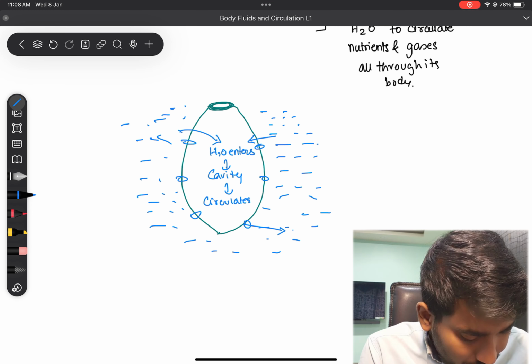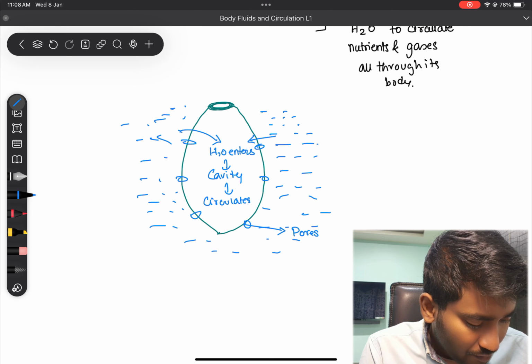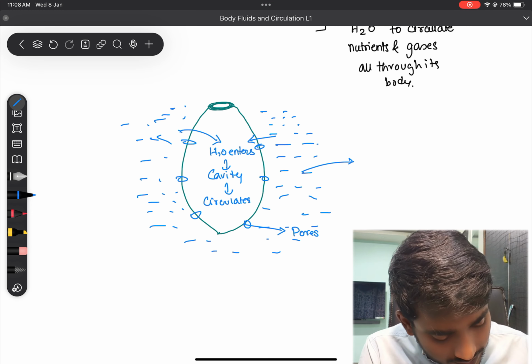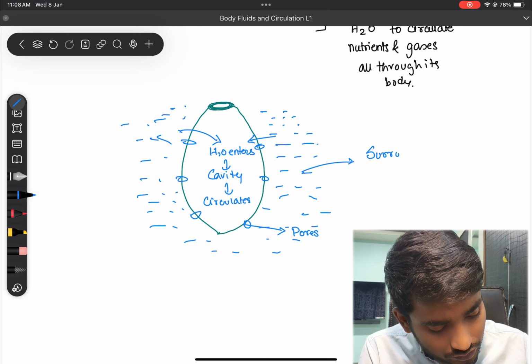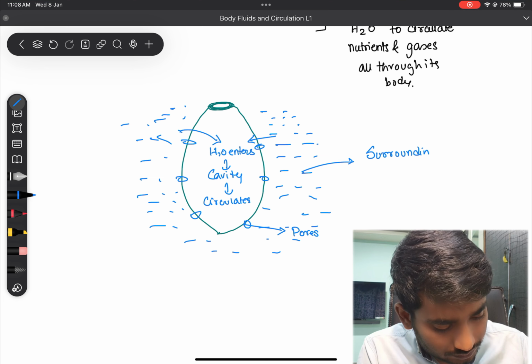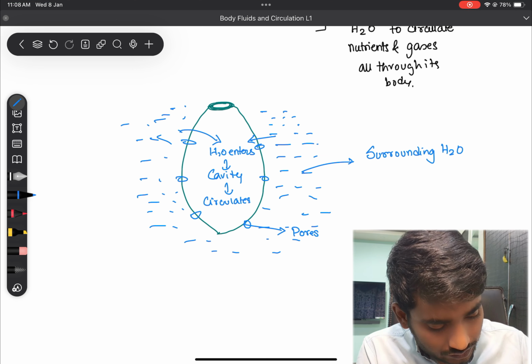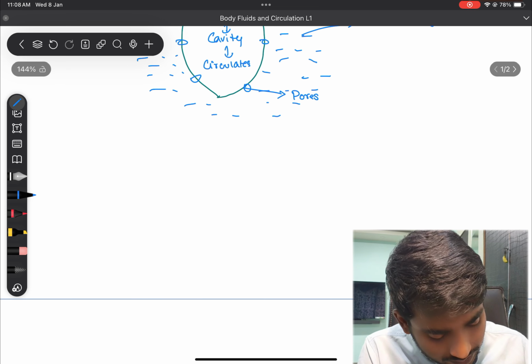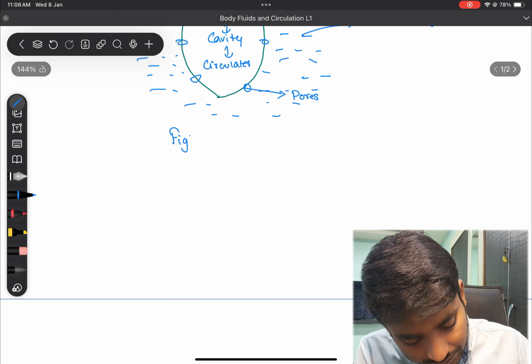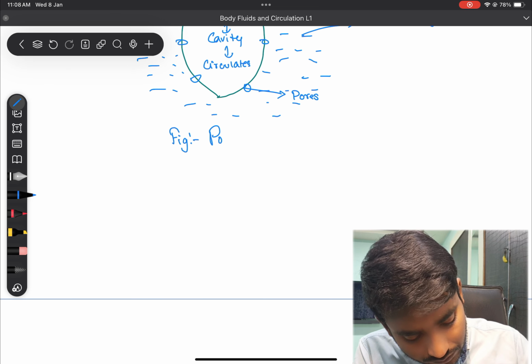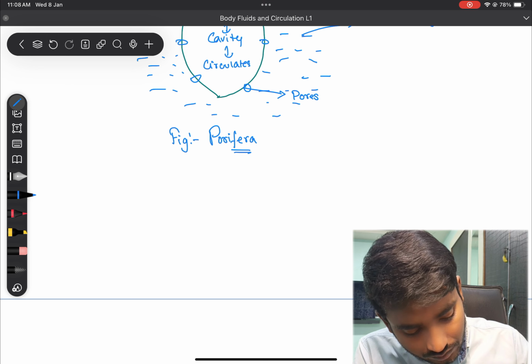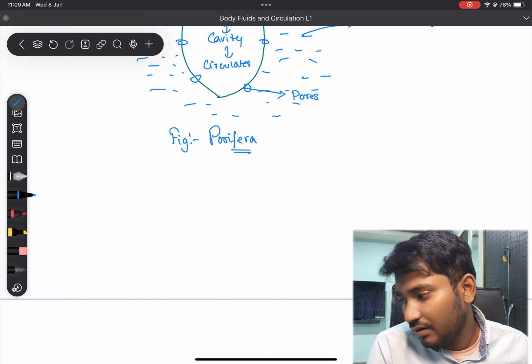Surrounding H2O water. Figure: porifera.